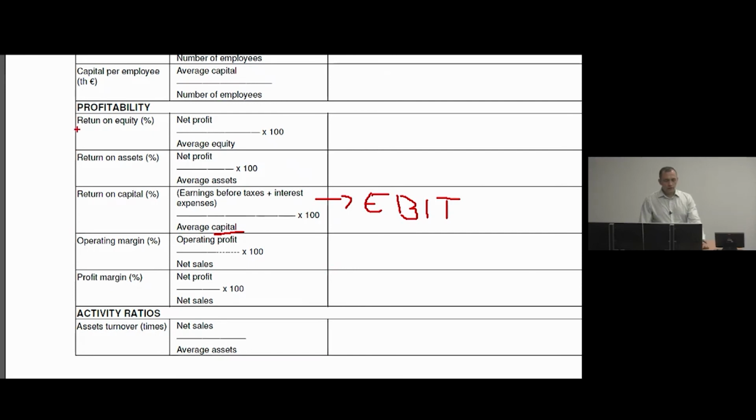So these are the investment profitability ratios. From a comparability point of view, this is the best ratio to compare companies, and probably from the owner's point of view, the most important ratio is return on equity.